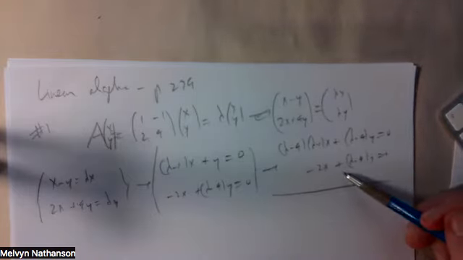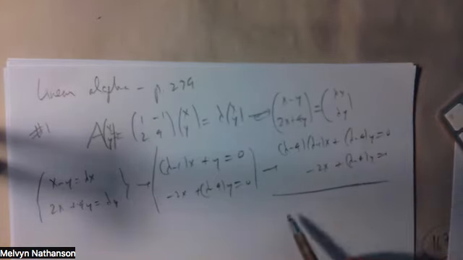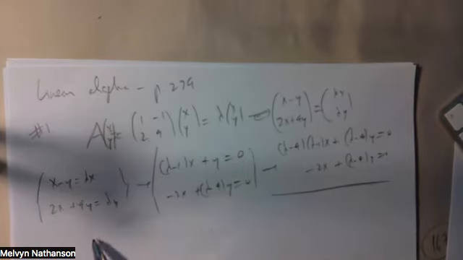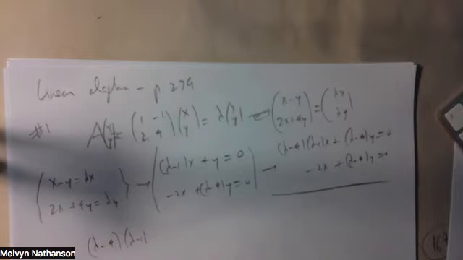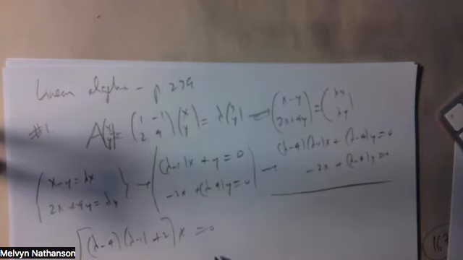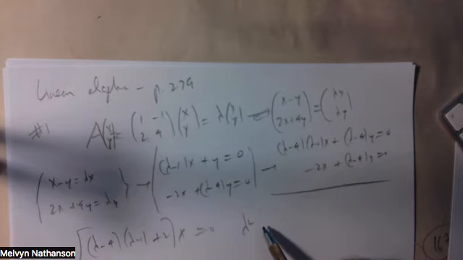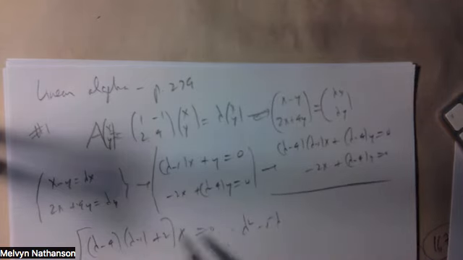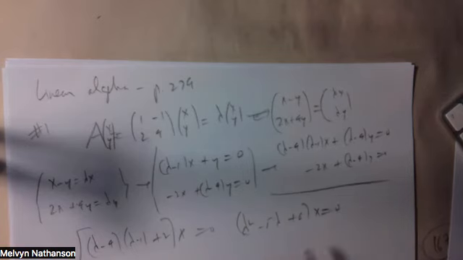If I subtract the second equation from the first equation, the y terms cancel, and I get (lambda minus 4)(lambda minus 1) plus 2, times x equals 0, or this is the same as (lambda squared minus 5 lambda plus 6) times x equals 0.